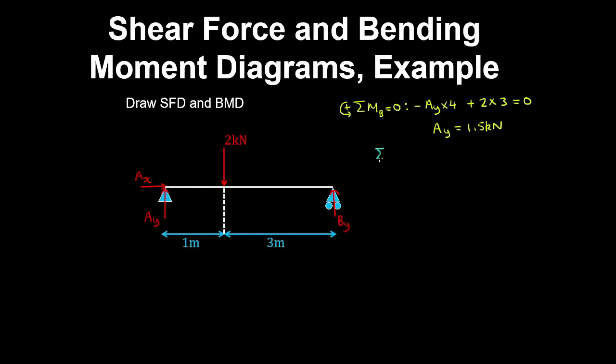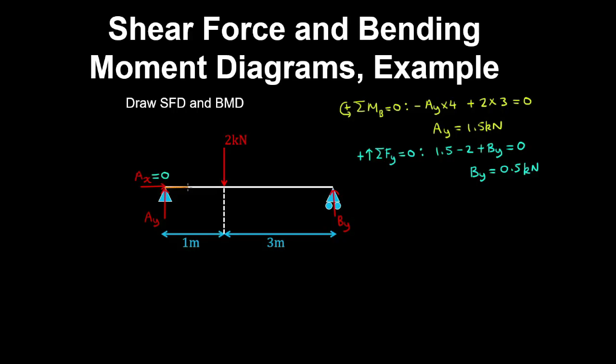And an equilibrium of forces in the vertical direction, with upwards being positive, gives AY minus 2 kilonewtons plus our unknown reaction BY is 0. So therefore BY is 0.5 kilonewtons. And we know that AX is 0 by a horizontal equilibrium of forces.